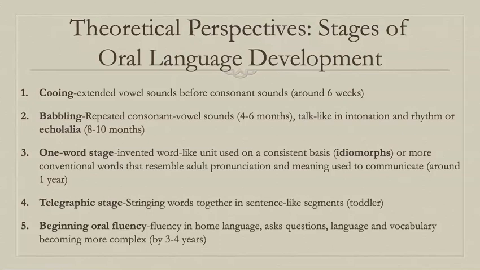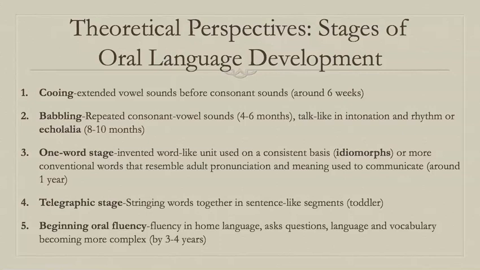The beginning of oral fluency, which is the fifth and last stage of this early emergent oral development, occurs between 3 and 4 years of age, where there's fluency in the home language, so the language that the child has been listening to at home, and the child is able to ask questions.